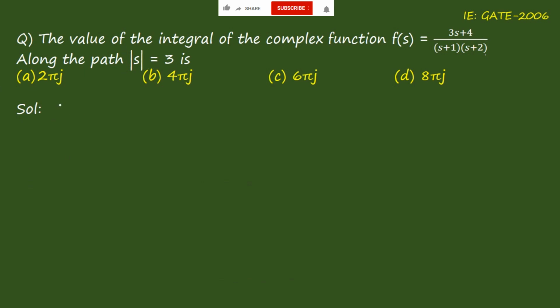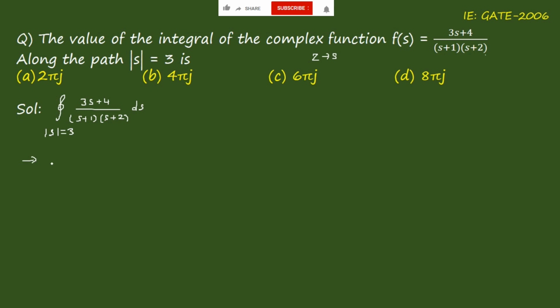What they are saying is nothing but find the integral of closed curve for mod s is equal to 3 for 3s plus 4 by s plus 1 into s plus 2 ds, right? Just they have changed z to s. That's it, right? For this one, you have to know the Cauchy's integral theorem and Cauchy's integral formula.